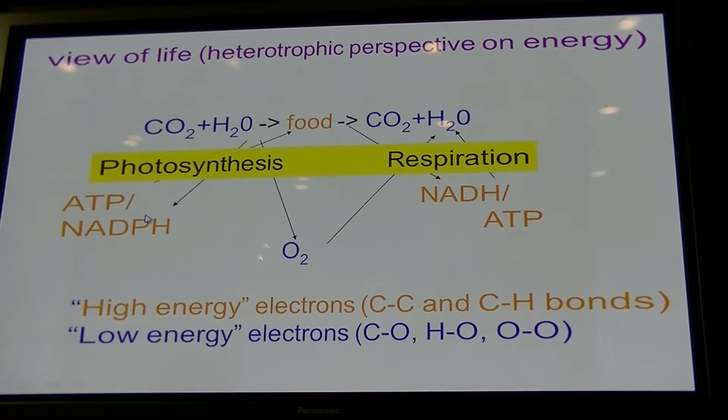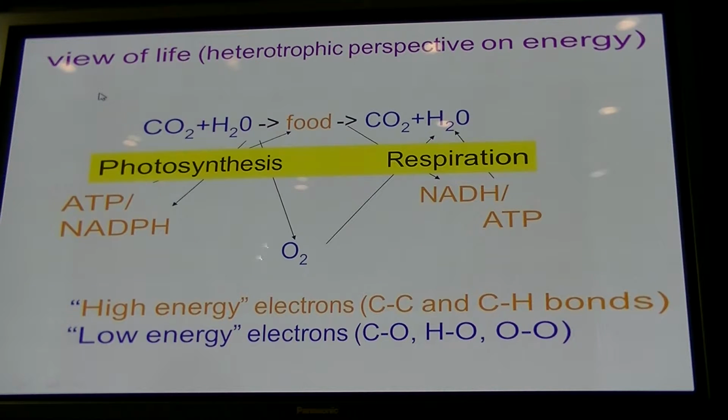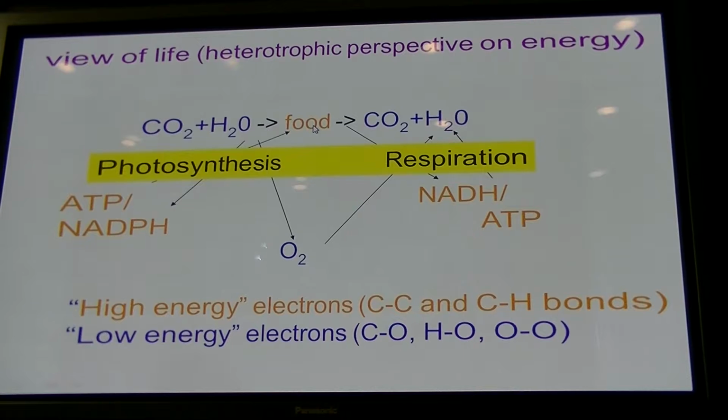There's a lot of energy in that molecule, and there's also energy in ATP. This happens under the influence of light. That ATP and NADPH, that energy is used for the reduction, the fixation of CO2 to form sugars, fats, amino acids, structures that plants and algae make, which we eat.